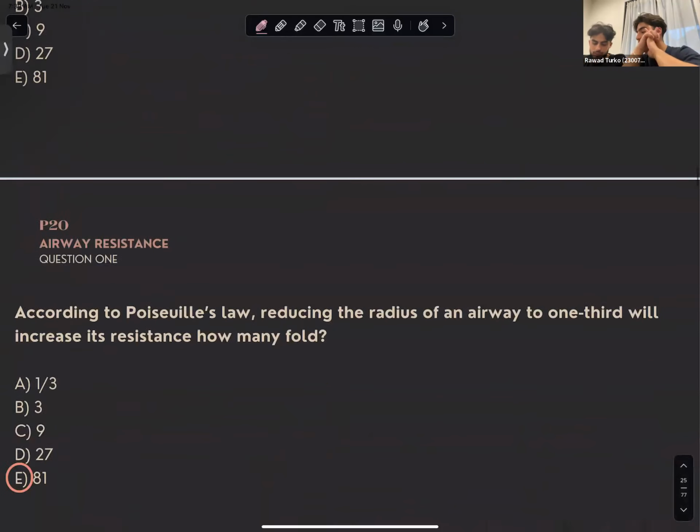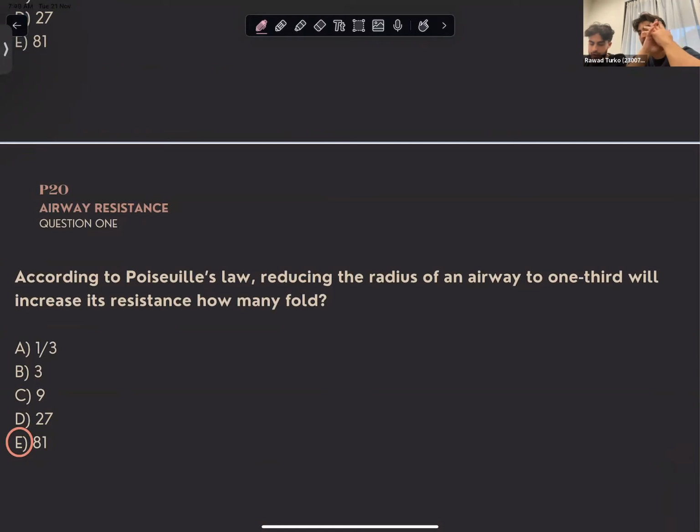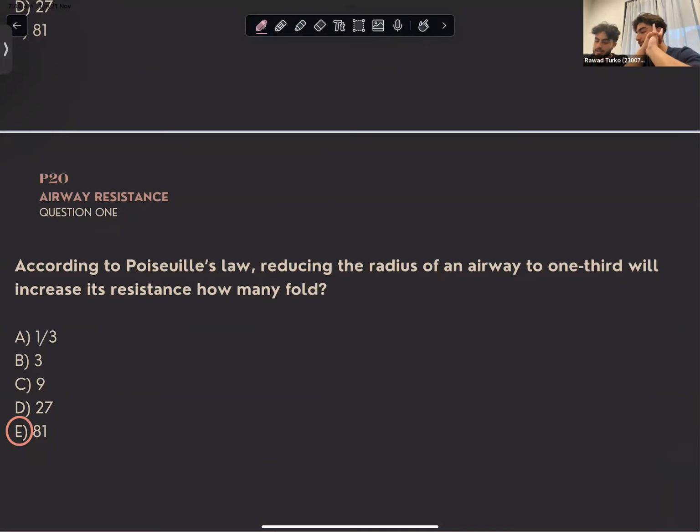The answer is E. And this is where I was telling you guys about the radius and the diameter. In our exam, they gave us the diameter and they told us what happens to it. And then here you have to solve for the radius. For example, here, what would the diameter be if the radius is 81?